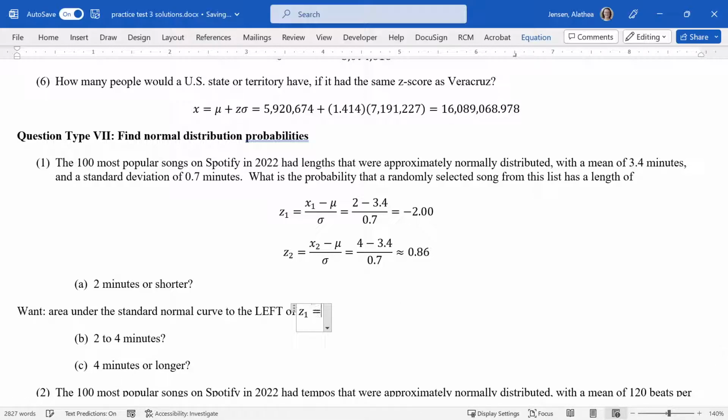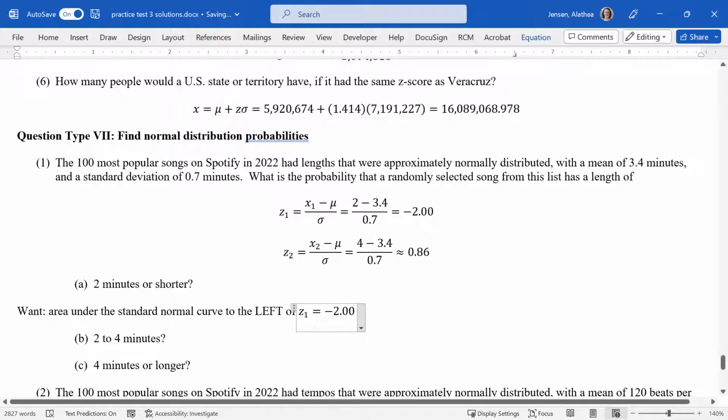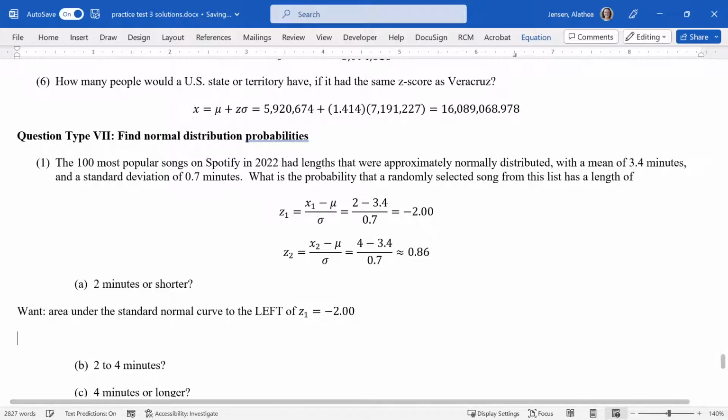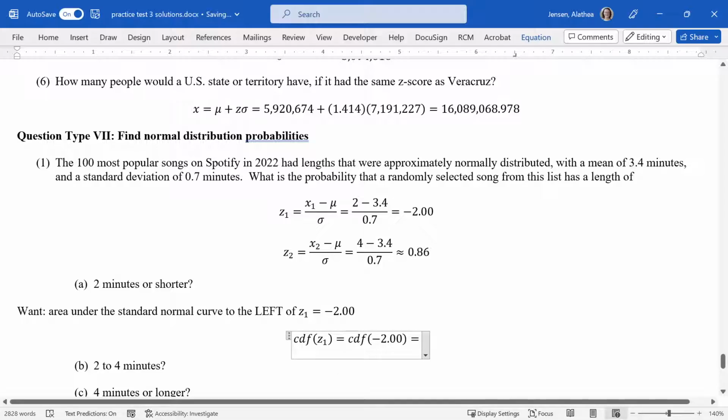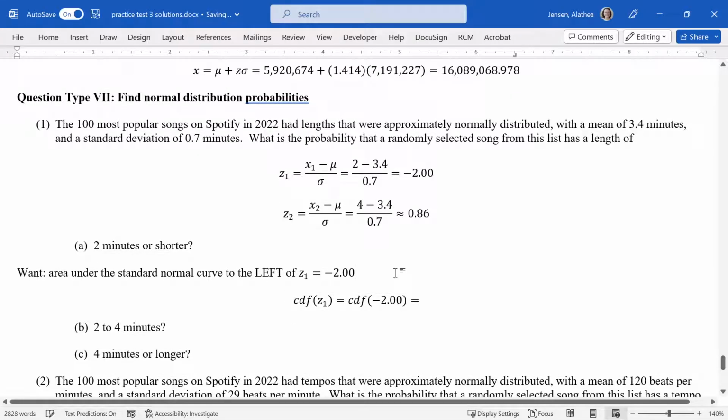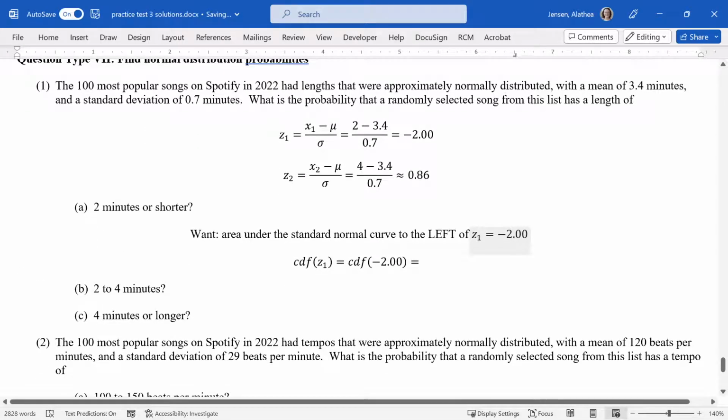That's the z-score for 2 minutes, which is -2.00. Okay, and that number, the area under the standard normal curve to the left of any z-score, is given by the CDF of that z-score. So the CDF of -2.00. In a minute, I will get out the table and I will look that up with you guys. But for now, I'll just leave that as what we're going to do. This is our goal here.